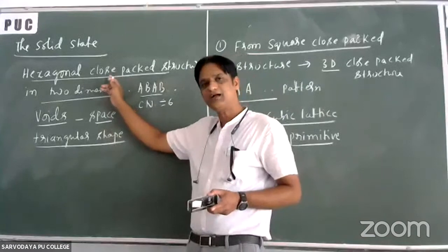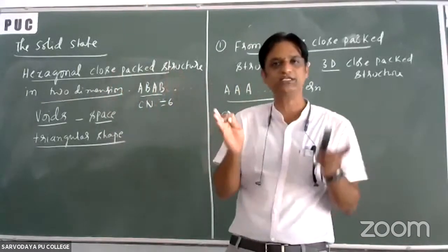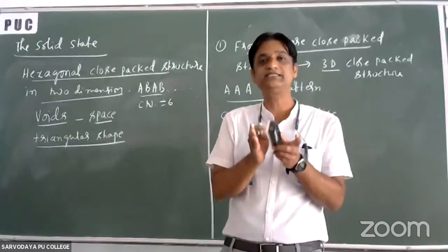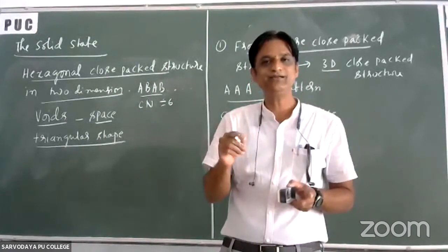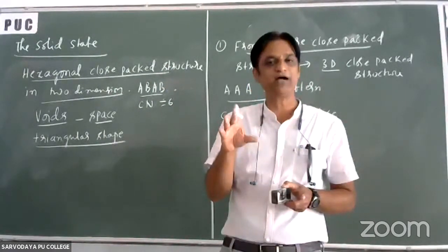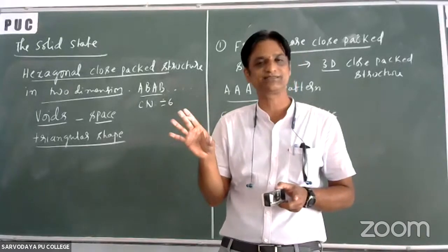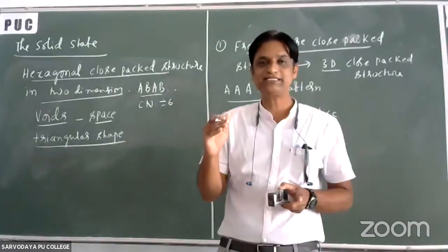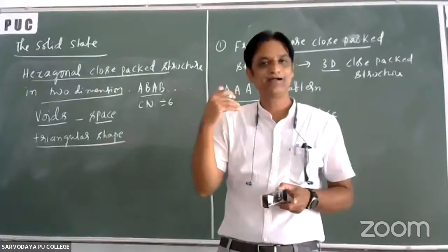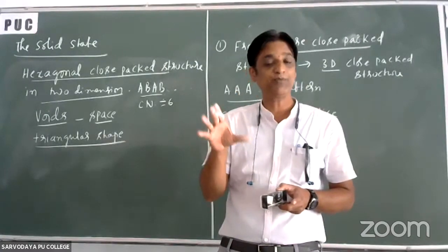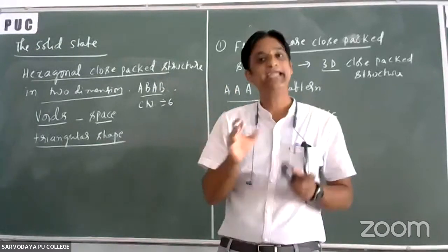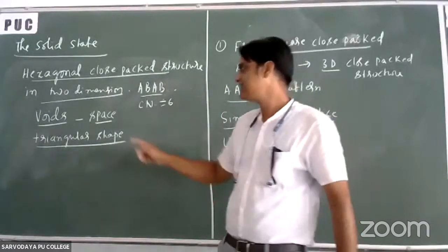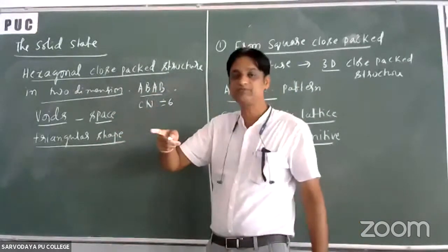Whereas in case of hexagonal close packed structure in two dimension, the space between the spheres is lesser. So during the arrangement of constituent particles in crystalline solids, if the percentage of space occupied by the particles is more, then it is said to be an efficient crystal. So percentage of voids must be less.